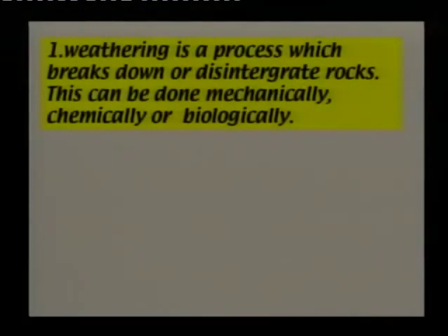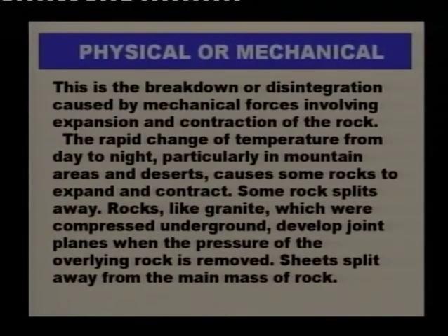So when we look at weathering, we say that it is a process which breaks down or disintegrates rocks. And it can be done in 3 ways. Those 3 ways are mechanical, chemical, or biological. We look at the first example of weathering, and that is physical or mechanical.